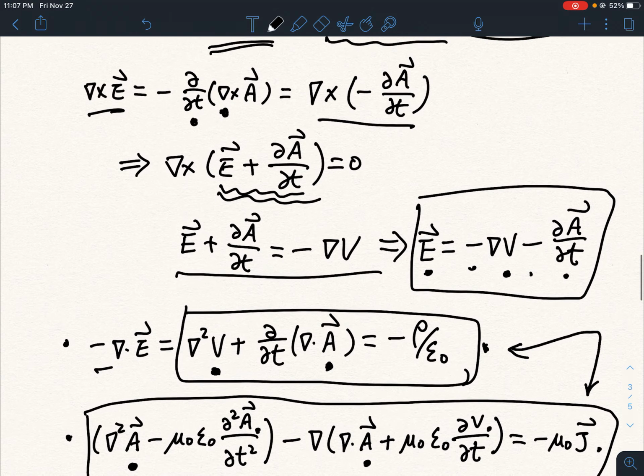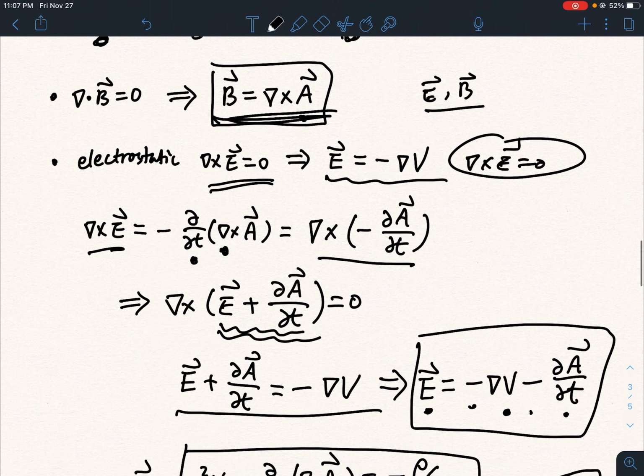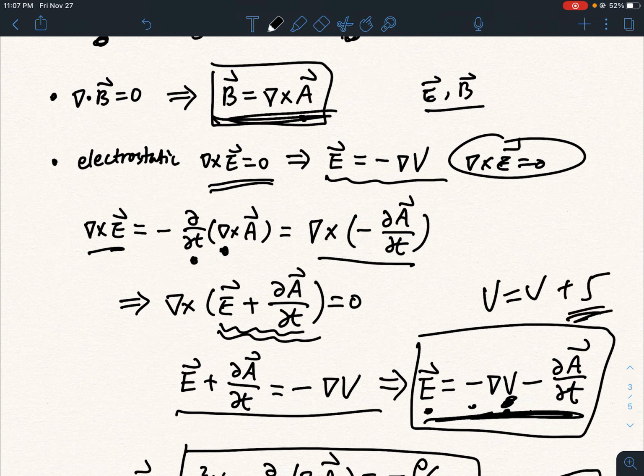However, the B and the E here don't uniquely define the vector potential and the scalar potential. For example, if we replace V with V plus 5, putting a constant there, del V doesn't change. You can see from here, if you put a constant for the V, it doesn't change.